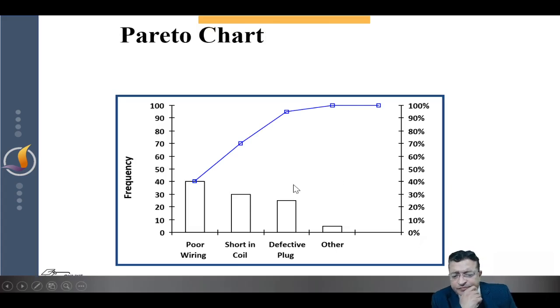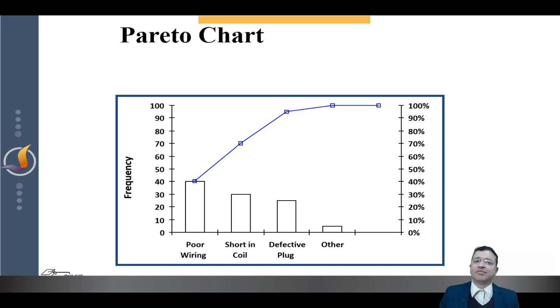Suppose in some situation, in any company, particularly a manufacturing company, they are facing some problems. So now they want to know which particular types of problems are happening more in number.